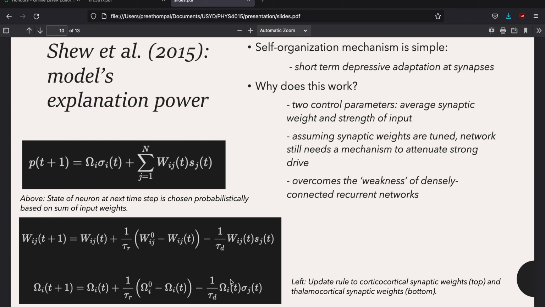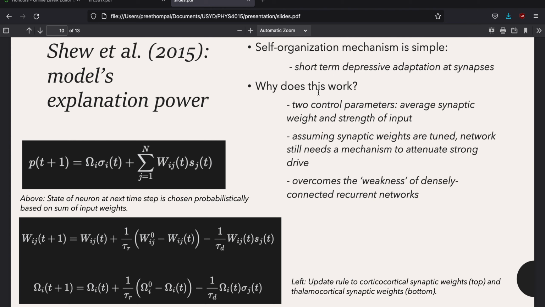Okay, so that is modeling short-term depressive adaptation at synapses. So if a presynaptic neuron fires, then all the neurons it was connected to, those weights from that neuron will depress. Okay.